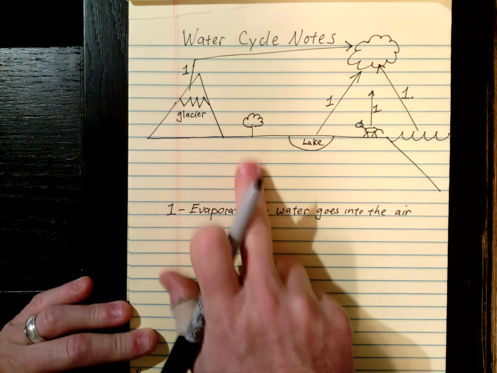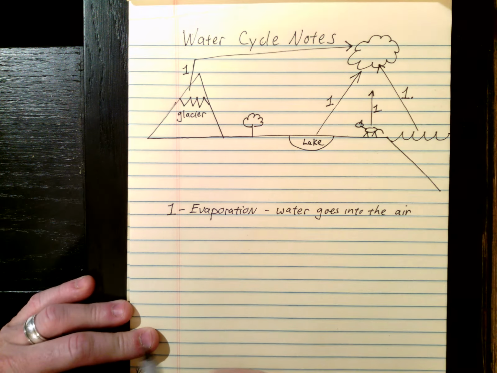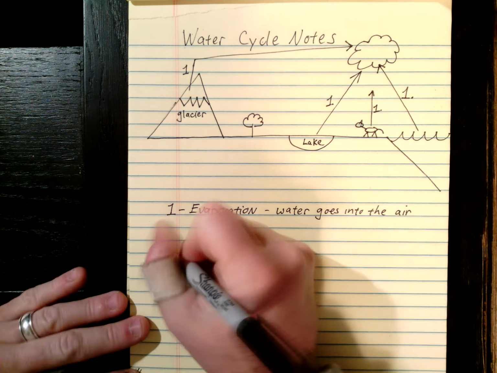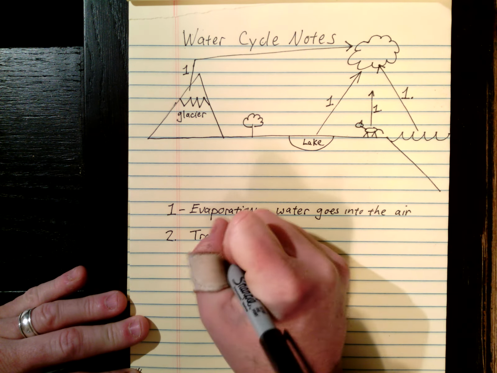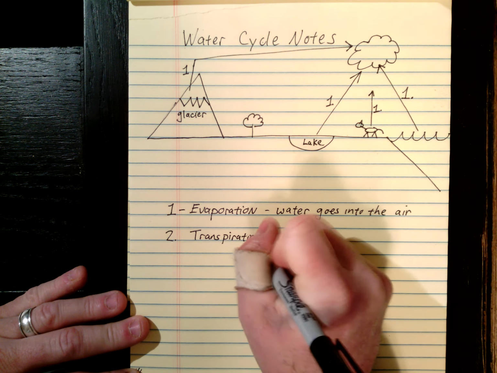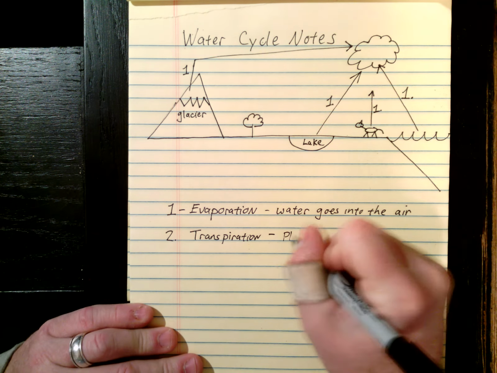And I know a tree takes water out of the ground and then spits it into the air through its leaves. And we talked about that process fall semester as well, because that's something that plants can do to help keep temperatures down. Well, that process has a name. That's called transpiration.